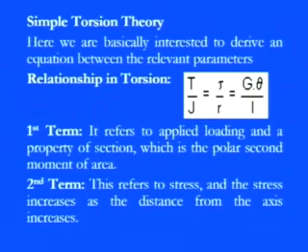Tau is nothing but the shear stress which comes due to the application of this torque, and the shear stress increases as we increase the radius. This is quite a significant point: as I told you, when we apply the torque, the shear stress increases from the center point and is at maximum at the circumference.